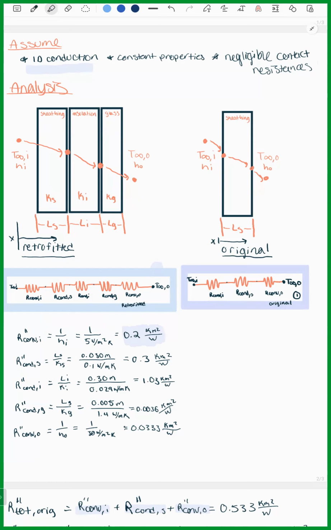The R double prime convection on the outside is much smaller at 0.033. And then, as you can see, the largest conductive resistance is shown from the insulation at 1.03 Kelvin meter squared per watt.